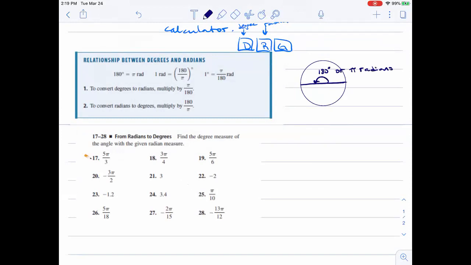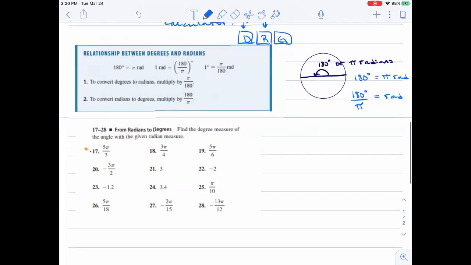So those are equivalent, and that's what we use when we're doing our conversions. So 180 degrees is the same as pi radians. And so 180 degrees is pi rad, and then 180 degrees divided by pi is going to be 1 radian.